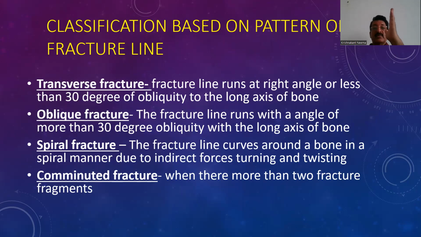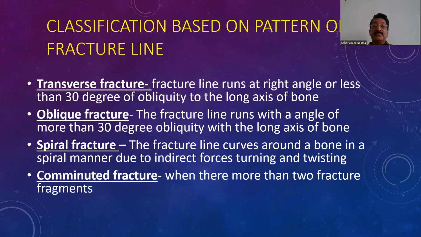The fracture is either at 90 degrees or less than 30 degrees. In the oblique fracture, if the fracture line makes an angle of more than 30 degrees with the long axis of the bone, then that is an oblique fracture.